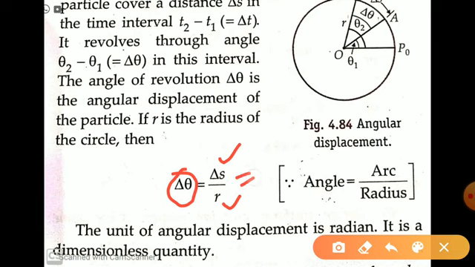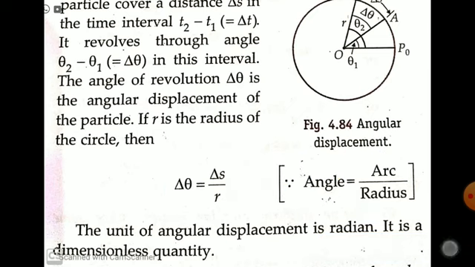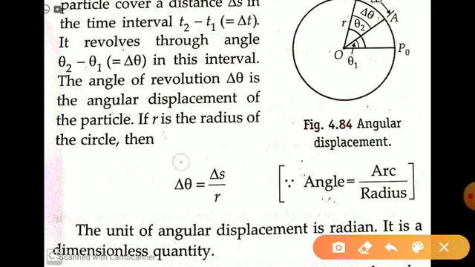Arc has unit meter and radius also has unit meter. So in this way it is a unitless quantity. But we measure the angle theta in terms of degrees or in terms of radian. So angular displacement has unit radian. It is denoted by rad, radian. But it is a dimensionless quantity having dimension M0 L0 T0.